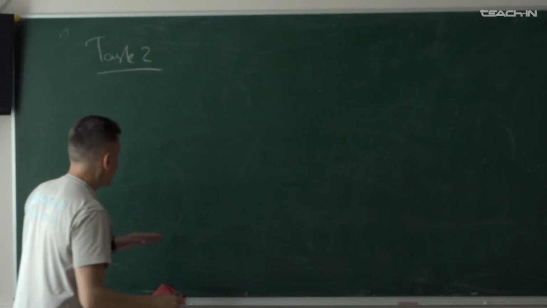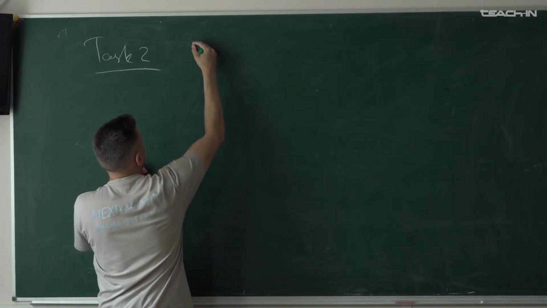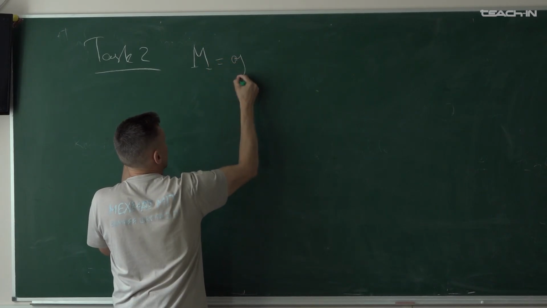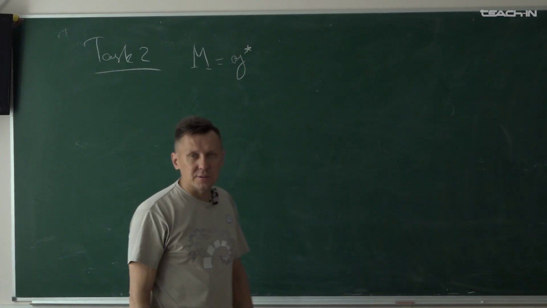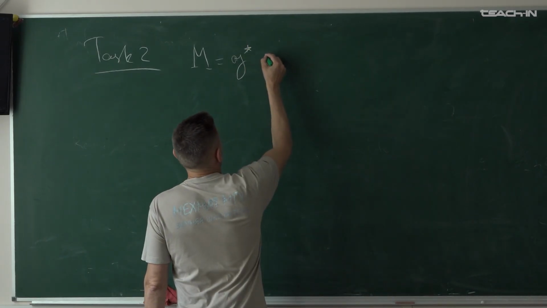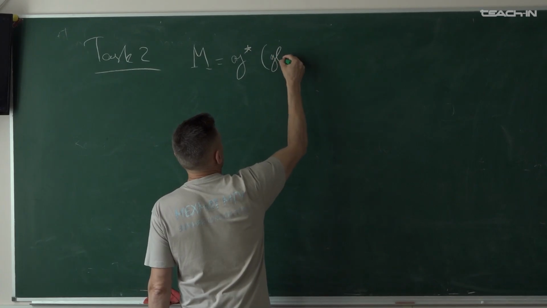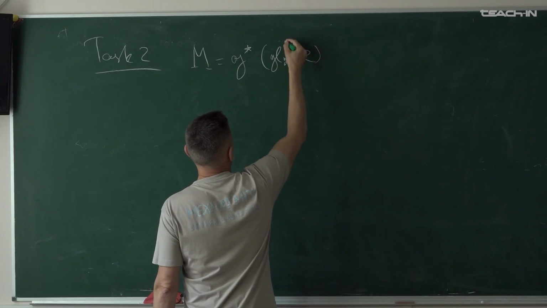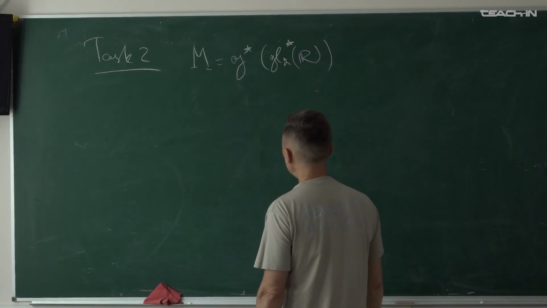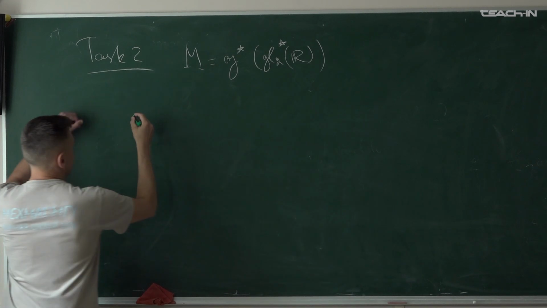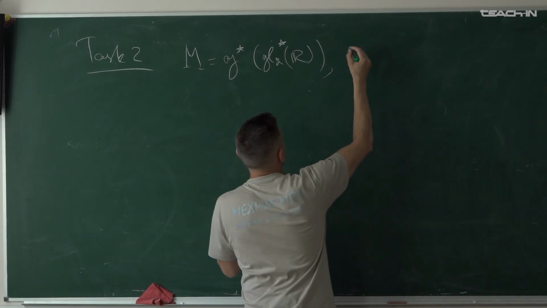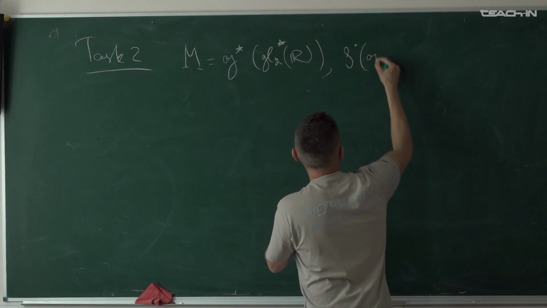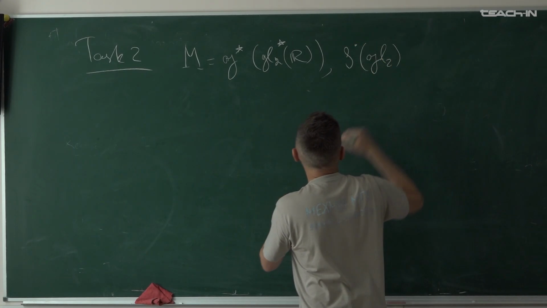But the task 2 was the following. We consider our space, our Poisson manifold, which is the dual space to our Lie algebra. In our case, it is the dual space of GL2 R. The algebra of polynomial functions itself is the symmetric algebra of GL2.